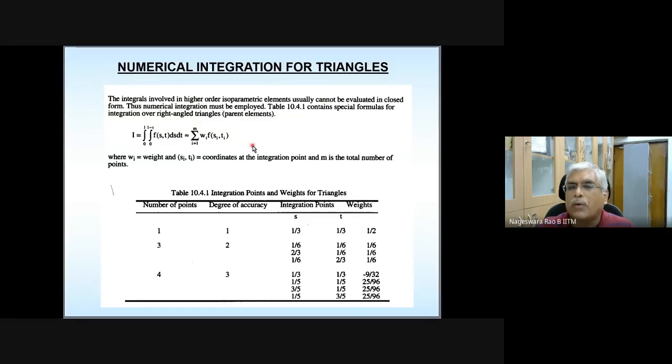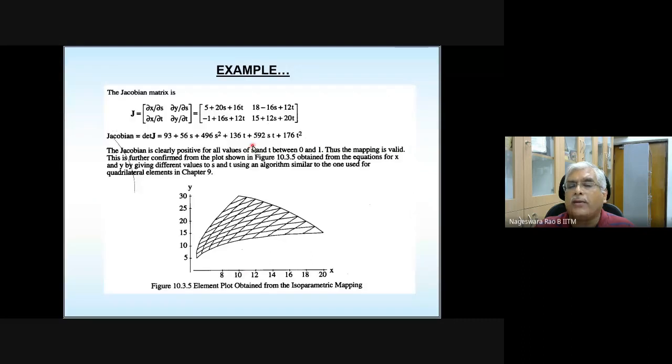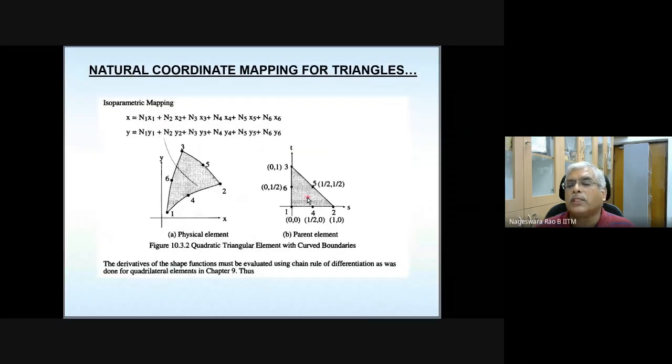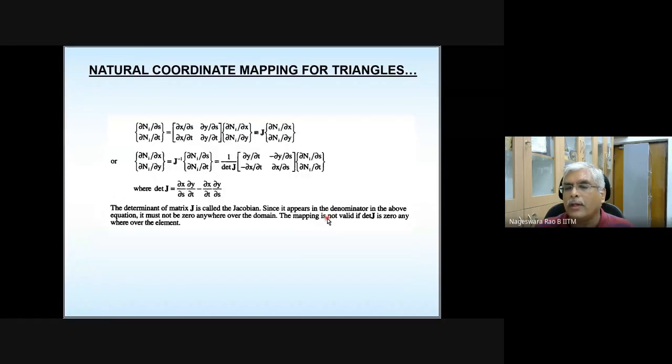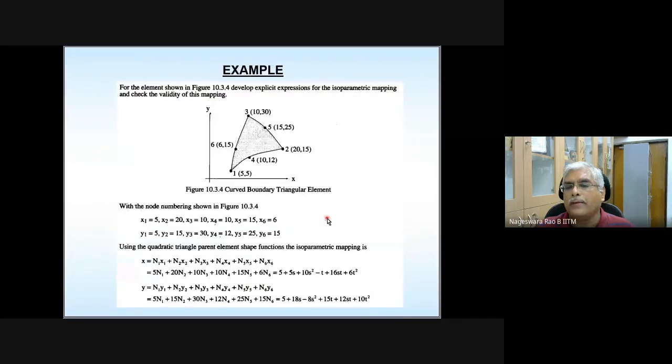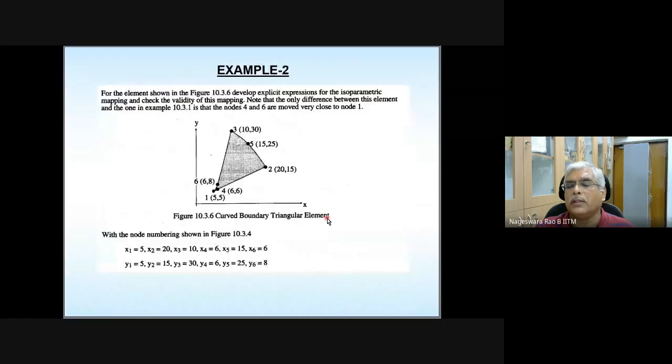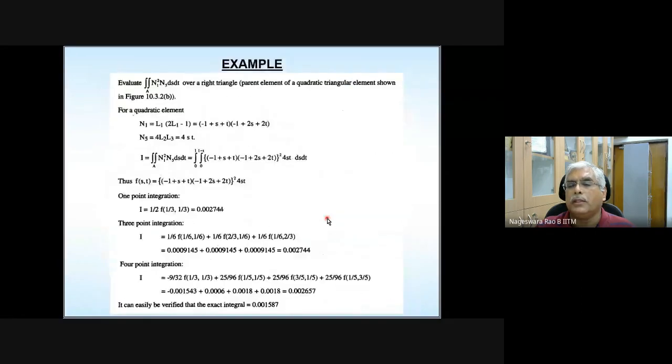So irrespective of whatever triangular element we have, we are going to map onto this kind of regular parent element, where s-axis goes from 0 to 1, t-axis goes from 0 to 1. Over this domain, we are going to do integration. Okay? So one example is given here for numerical integration.